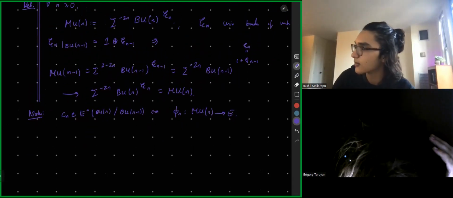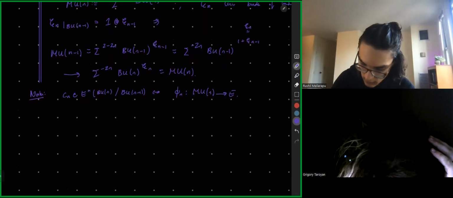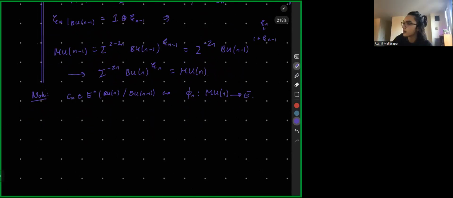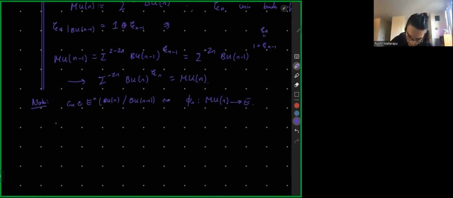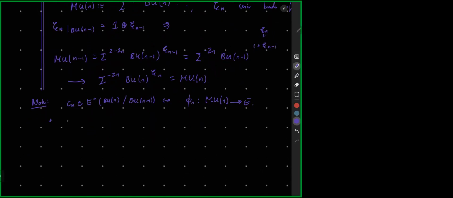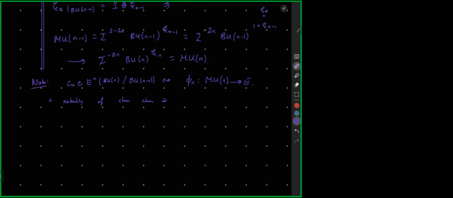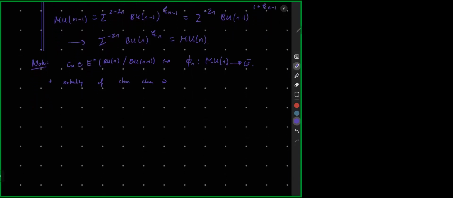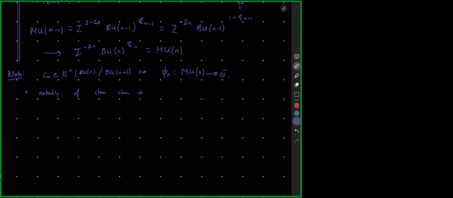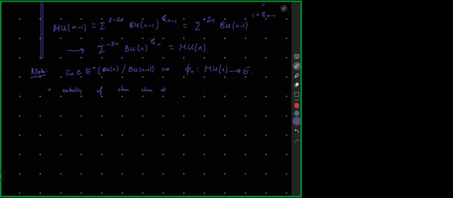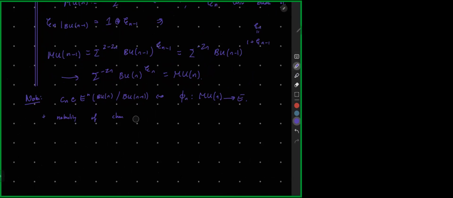In addition, I guess naturality of Chern classes implies that... Sorry, in what sense is the suspension spectrum functor fully faithful?